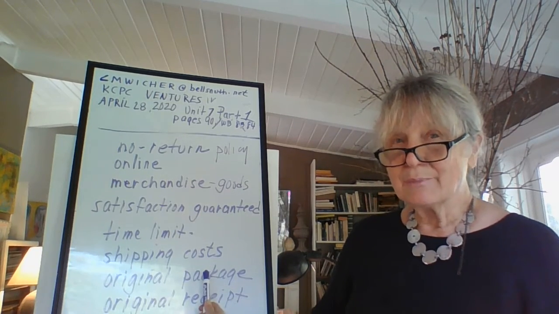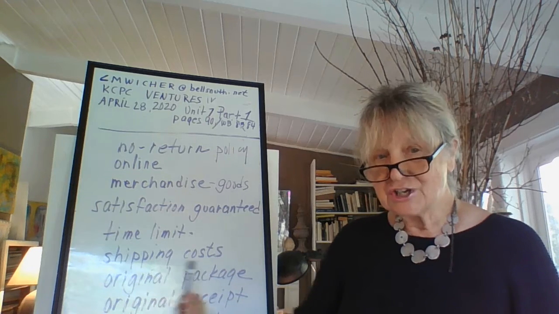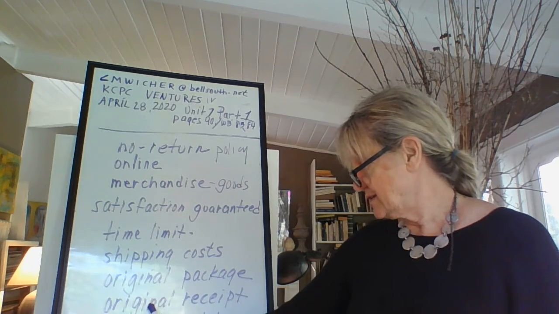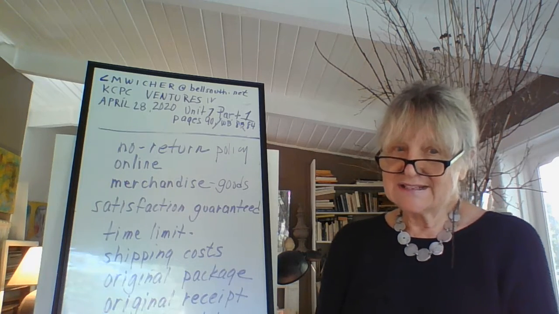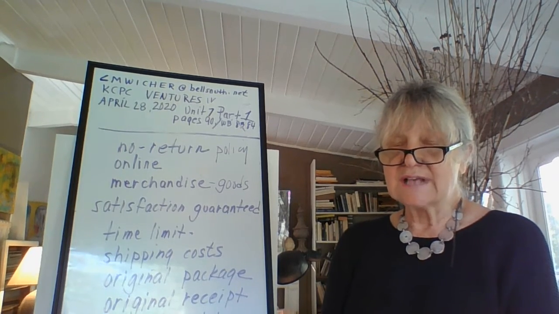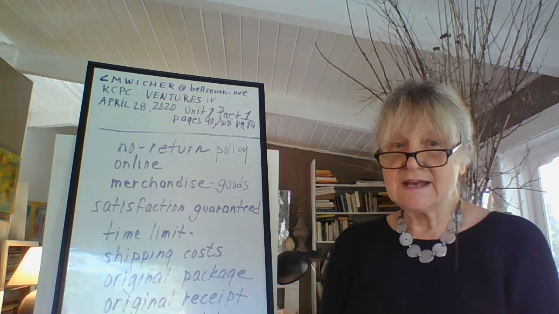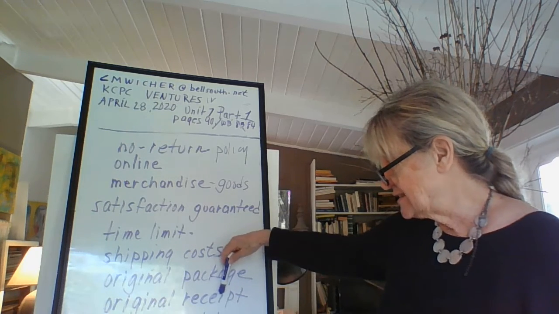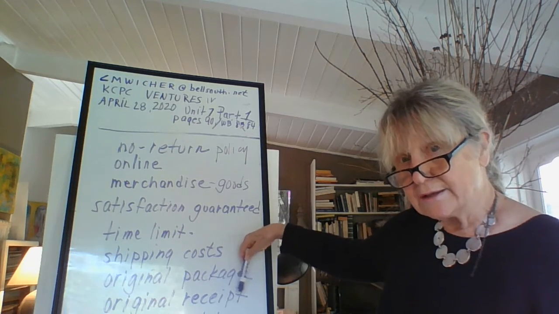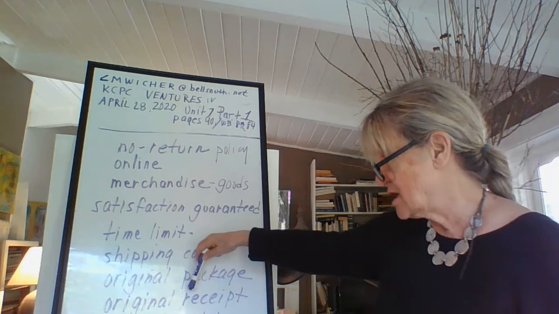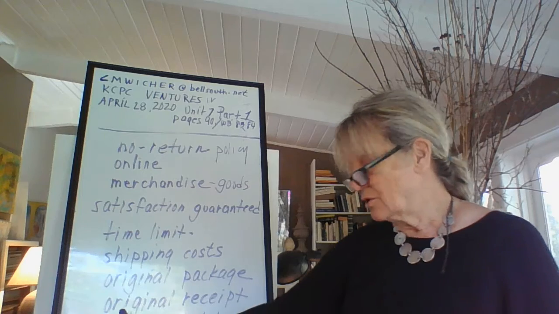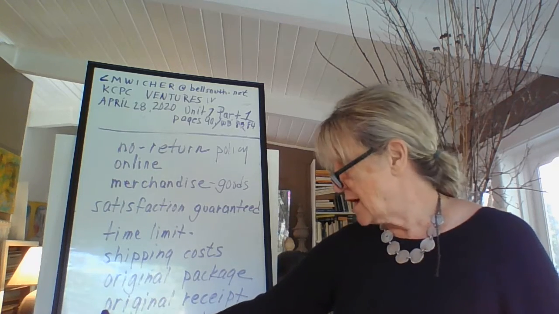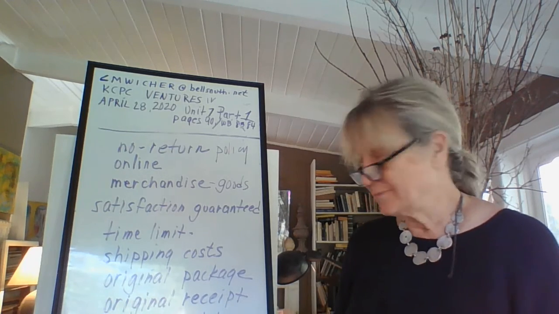Not packagee, but package. Original package. Next one, original receipt. It's kind of like debt, where B is silent and you just say debt. So here it's receipt. The P is silent and you go straight to the T. So it's receipt, receipt. The whole line, original receipt.